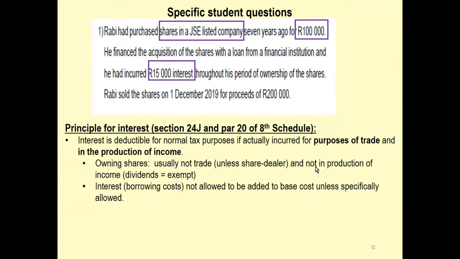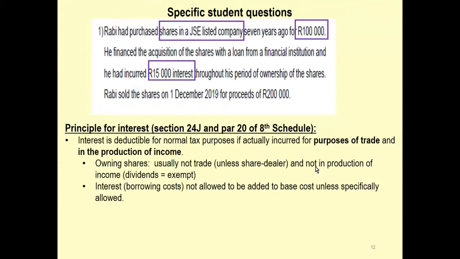And the income that you get from dividends is definitely not in the production of income, because dividends are usually exempt. So Rabbi won't be able to claim that 15,000 Rand interest when calculating taxable income. And Kelly, this links to what you asked.